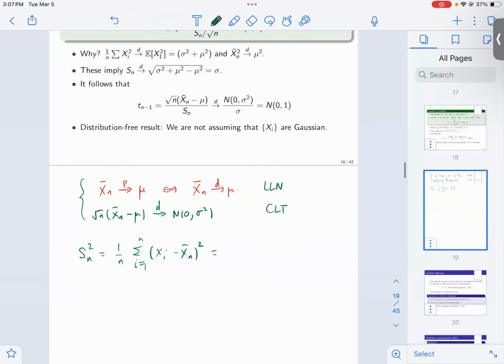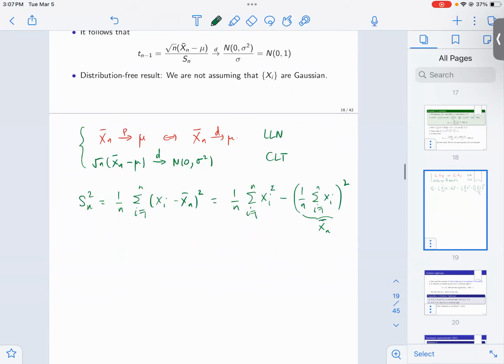If you expand, this is an empirical variance, so it has the same decomposition: the second moment minus the first moment squared, that is, the average of Xi squared minus X̄n squared. Let's first see what this converges to.